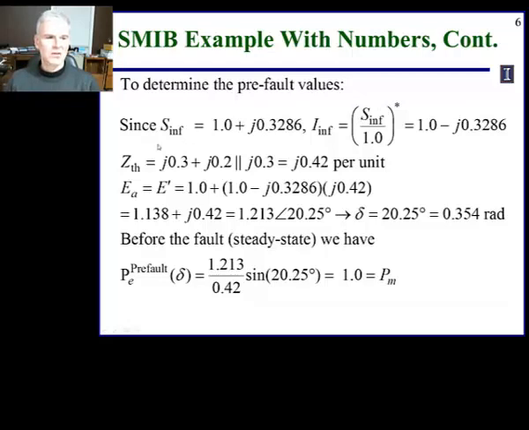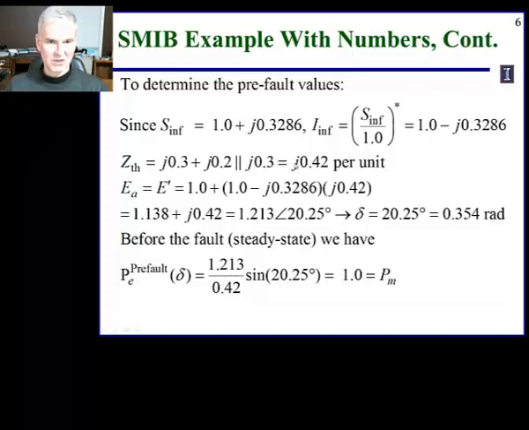That current is flowing through an equivalent impedance, Z Thevenin here, in which it's just the internal reactance of the generator, 0.3 here, in series with the parallel combination of the impedance of the two transmission lines, and that gives us a Thevenin impedance of j0.42.